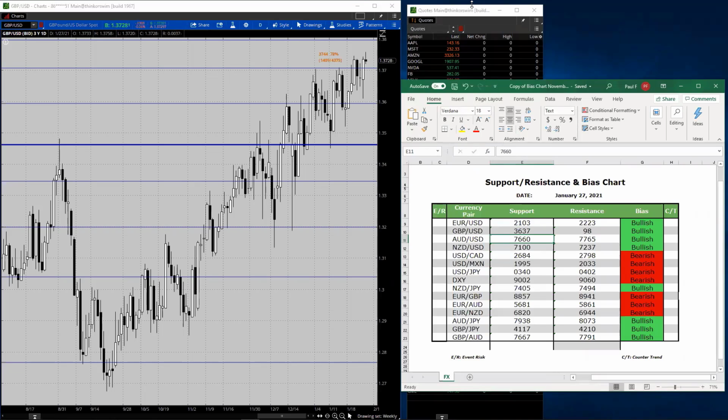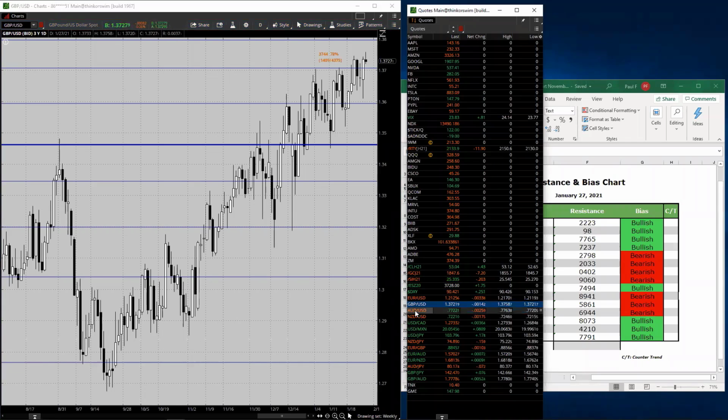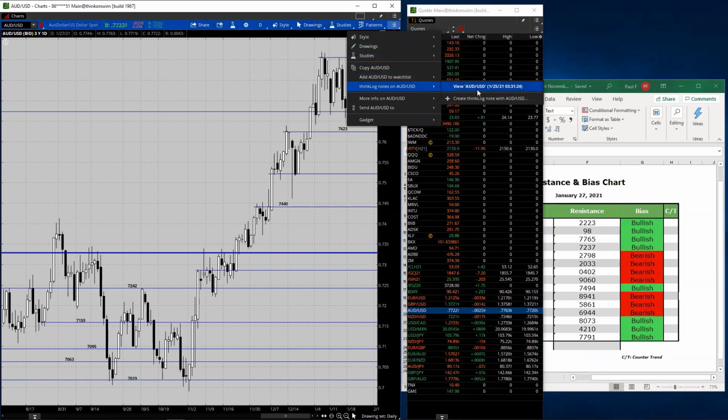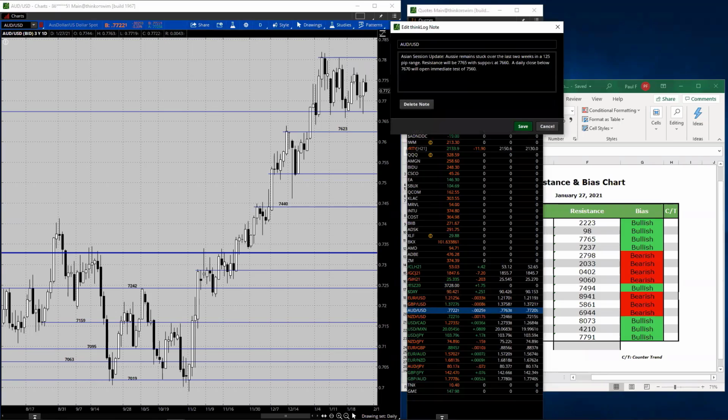On to the Aussie dollar. The Aussie remains stuck over the last 2 weeks in a 125 pip range. Resistance would be 77.65, and there were no changes here. We support 72.60.